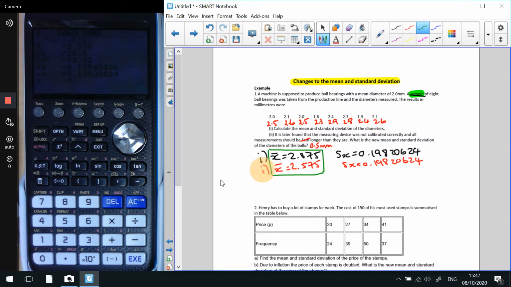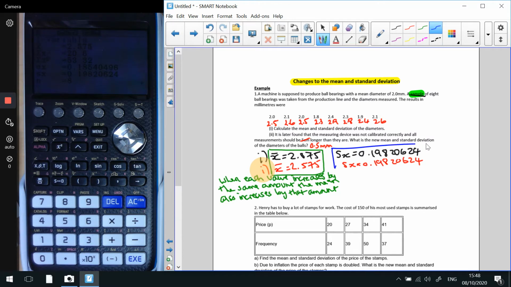So it seems that I might be able to suggest that when each value increases by the same amount, the mean also increases by that amount. So we'll have a look later on at another example and we'll see if this is true.